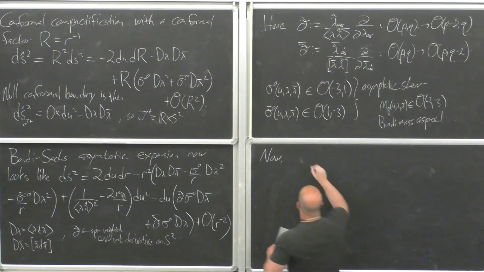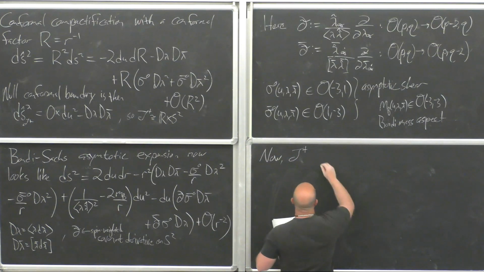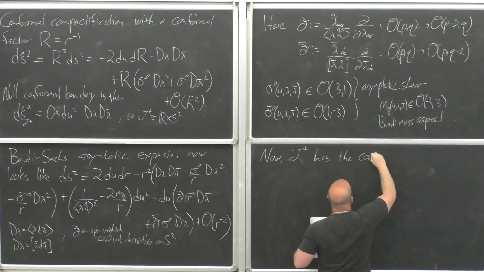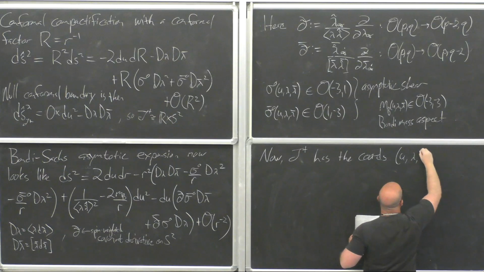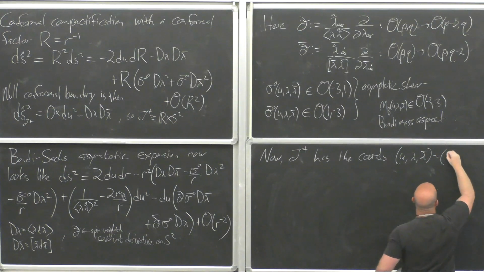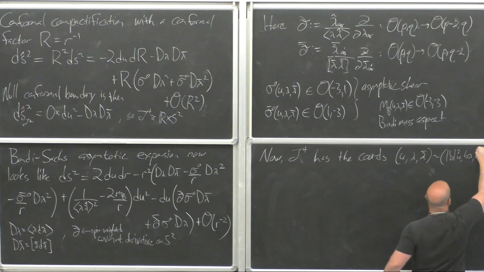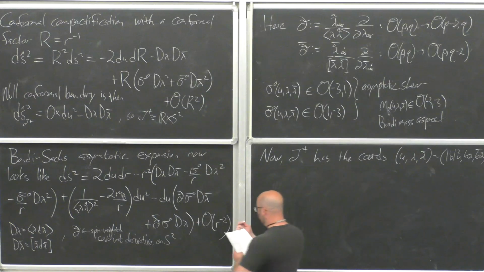So now scri plus inherits these coordinates u, lambda, lambda bar, which we consider up to overall rescalings of this form. These are just the kind of homogeneity relations we had for the whole spacetime, but now we just have u, lambda, and lambda bar left in the game.